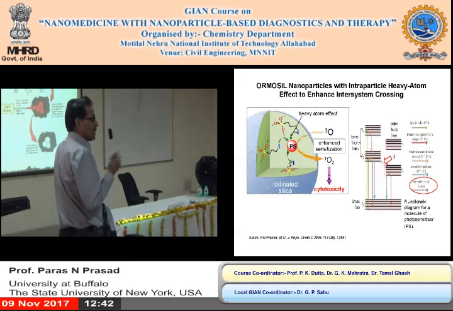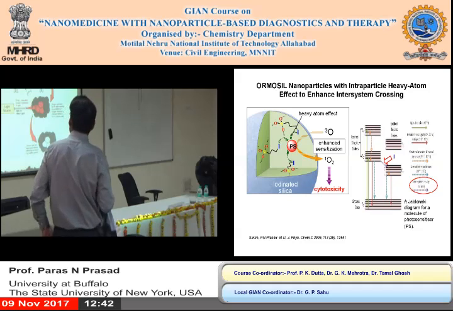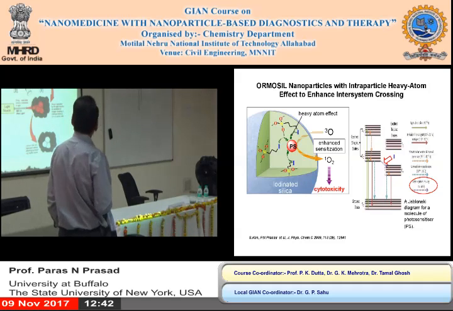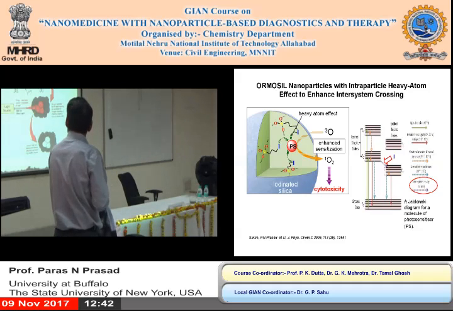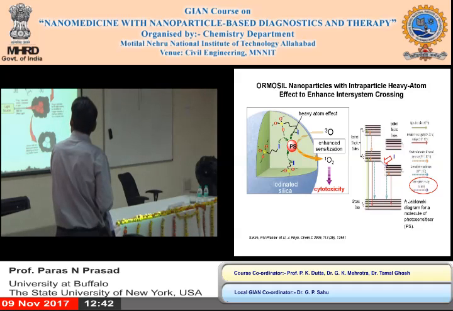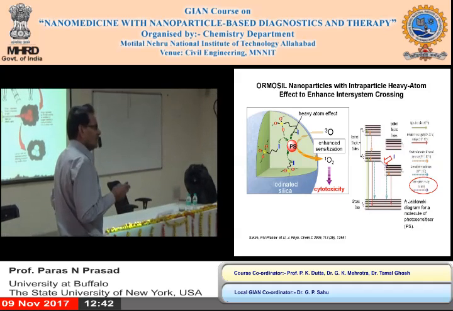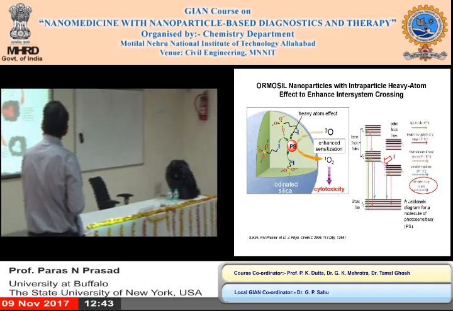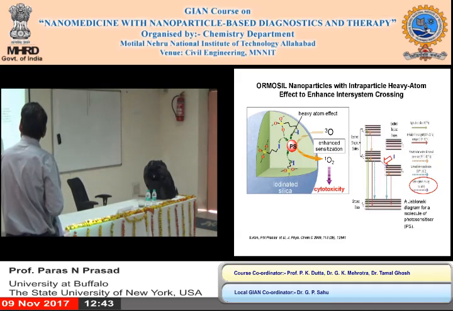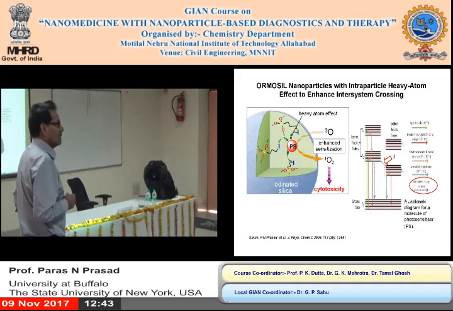So when you actually do photodynamic therapy, you have a nano formulation, you want to make sure this absorption is very strong. Then you want to see this triplet formation is fast and efficient. You can probe the triplet formation. And then you want to see that this nanoparticle gets into the cell. This is called cellular uptake. And then you want to see whether singlet oxygen is generated.